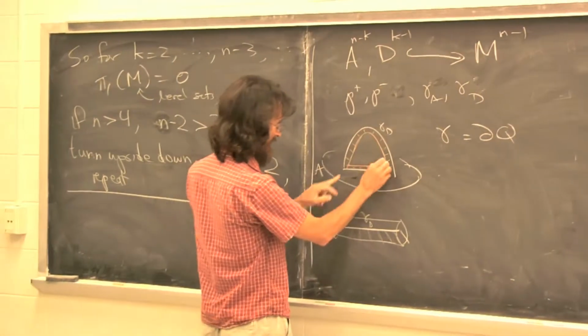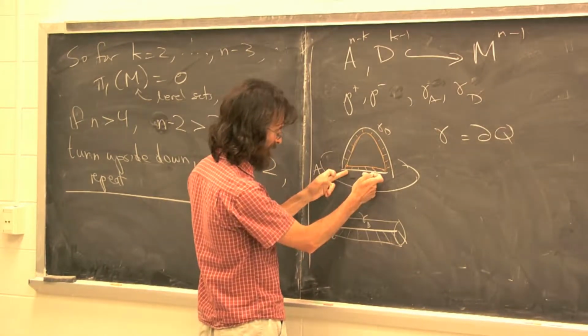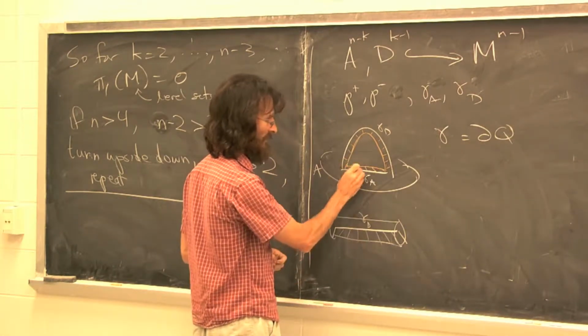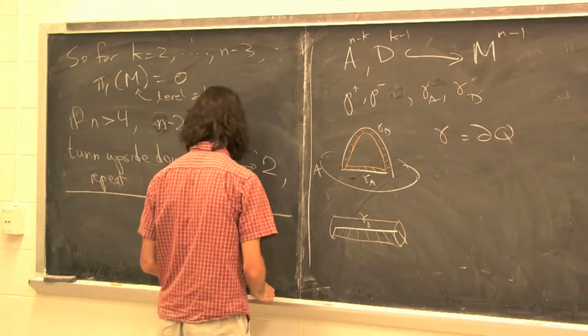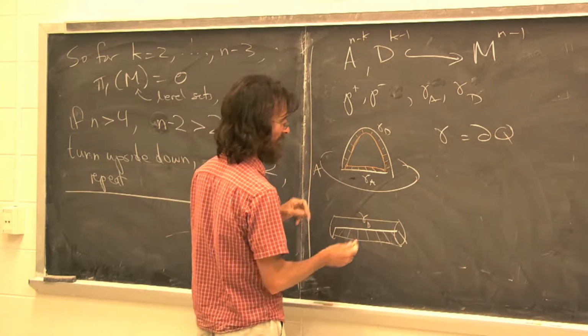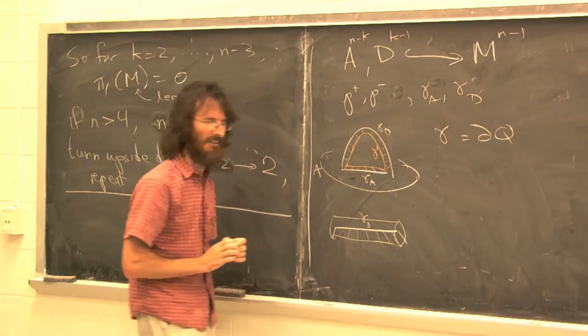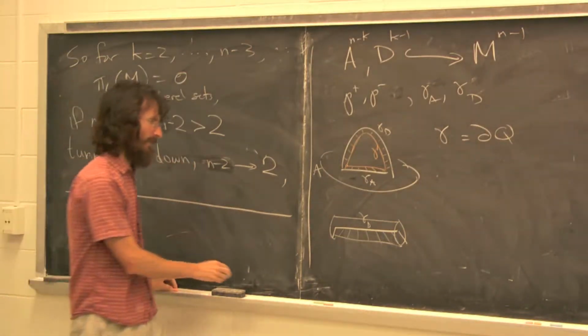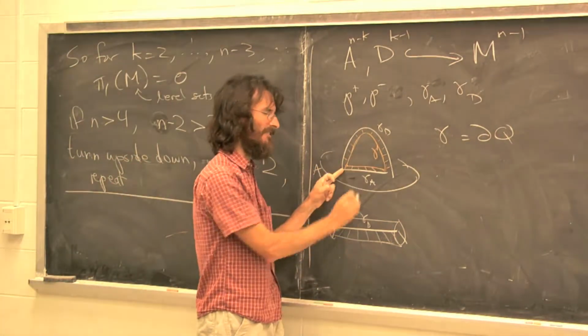So I can push gamma D off of itself and then also push gamma A up in a way that it joins up, and that's not really any issue, to get a gamma prime that's entirely in the complement of A and D, and then connected by an annulus to gamma.